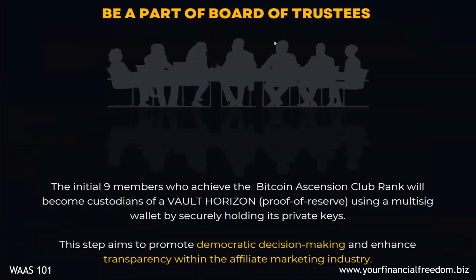So anything that happens with that funds, when it is released, it has to be voted on by these 10 people. And the whole community will be involved in any other decisions if they decide to put a vote together. A multi-signature wallet is used to hold these funds, okay?